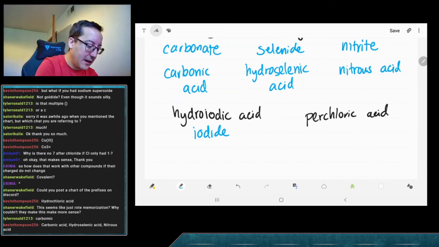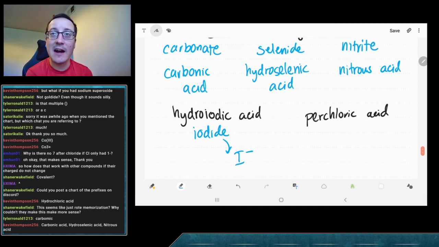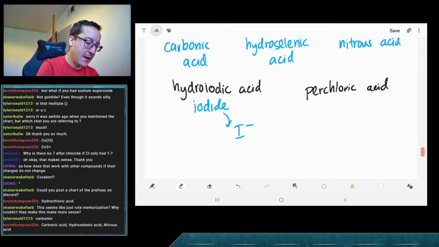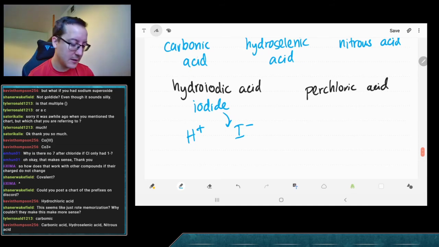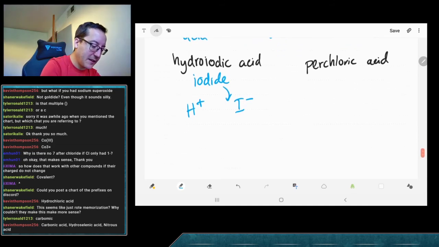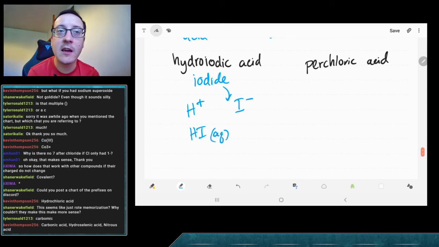And so we're going to need to remember that iodide is the name for I-. And since we know all these acids will just be with H+, we're going to put H+ and I- together, which gives us HI aqueous. Okay, don't forget your aqueous for this part.